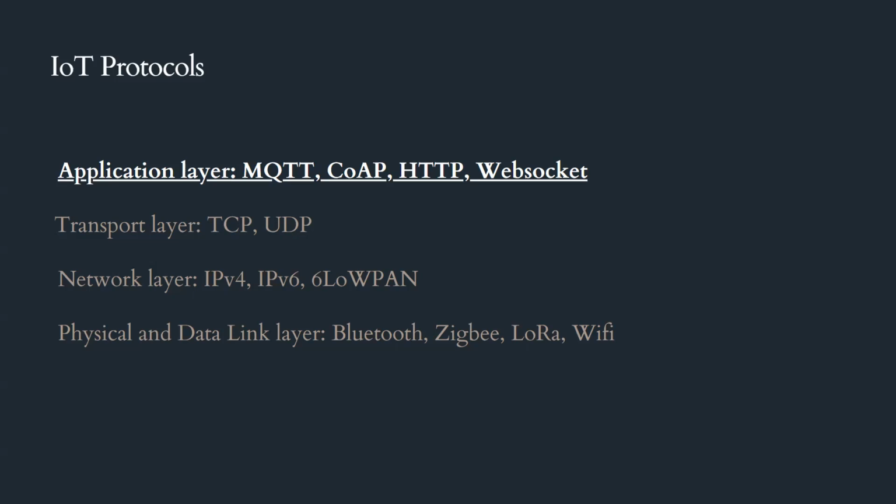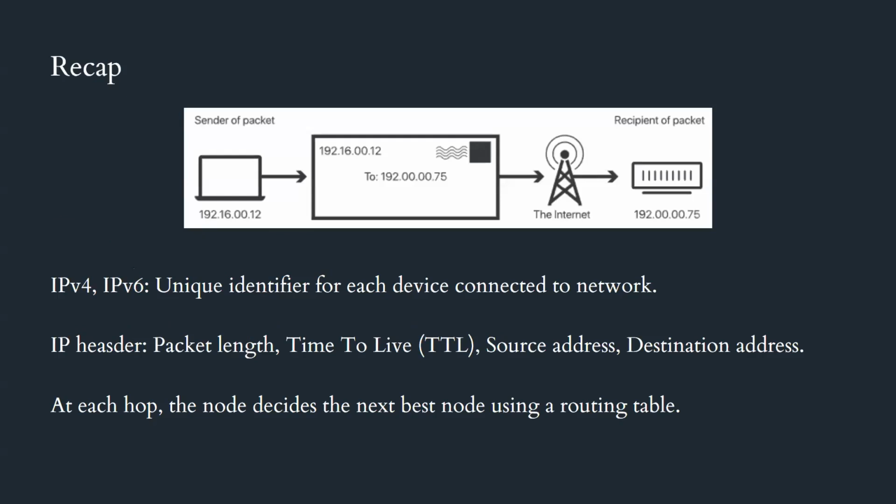In the network layer, the 6LoWPAN protocol is one of the popular protocols used for IoT networks, and it provides more energy efficient features than IPv6. When we look at IPv4 and IPv6, both are addressing schemes in the network layer.